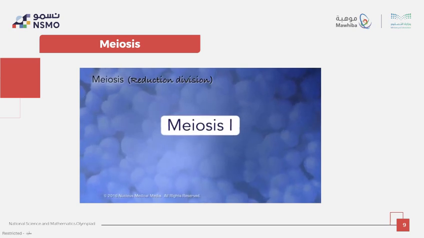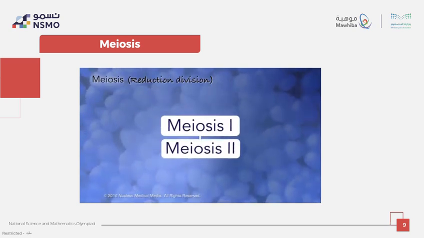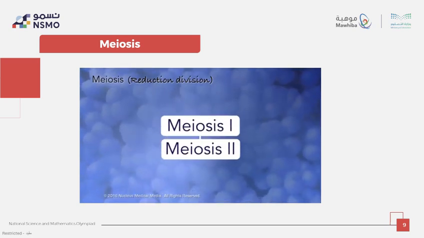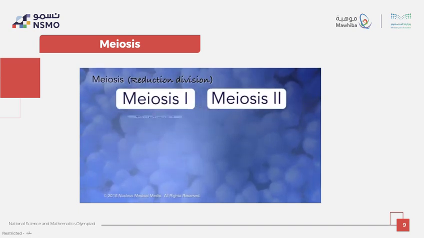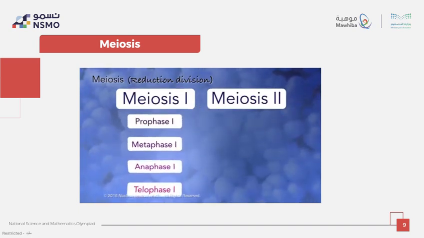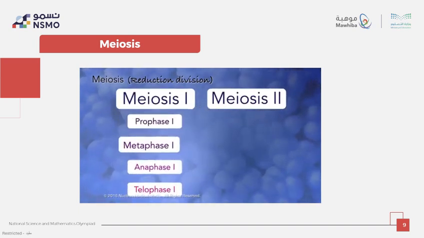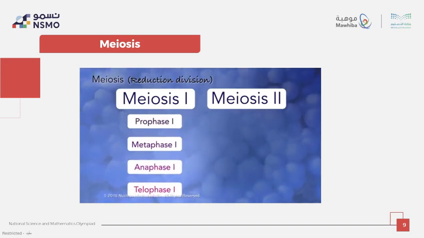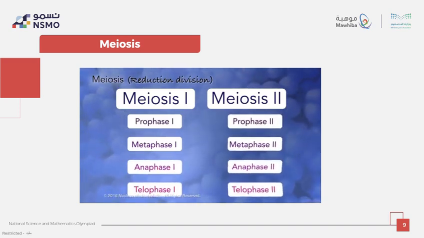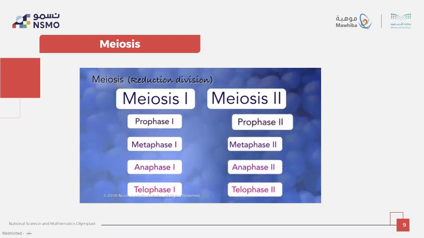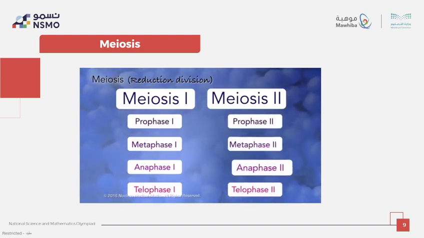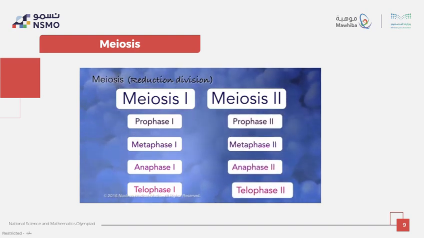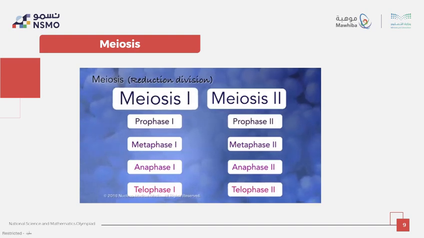Meiosis is broken down into two stages of cell division, called meiosis I and meiosis II. Meiosis I has four phases: prophase I, metaphase I, anaphase I, and telophase I. Meiosis II also has four phases: prophase II, metaphase II, anaphase II, and telophase II. Let's look at what happens during meiosis I.